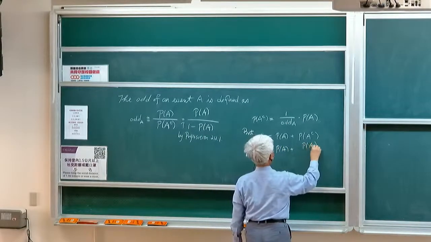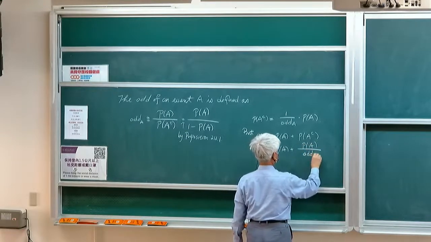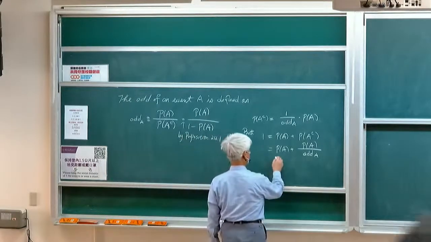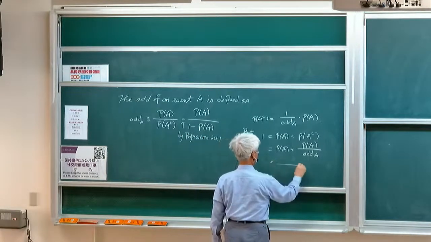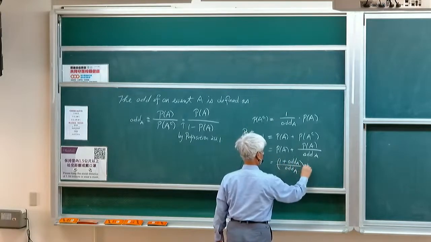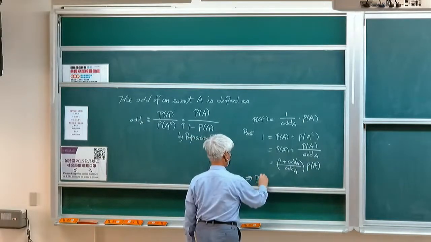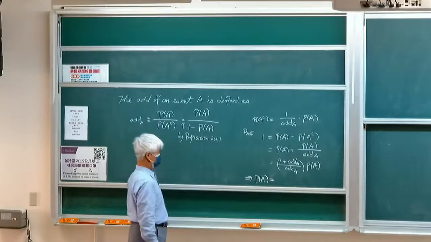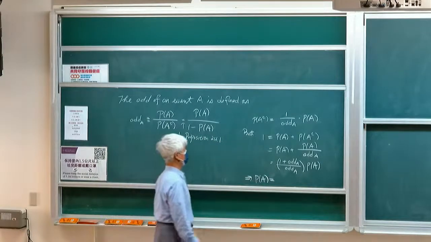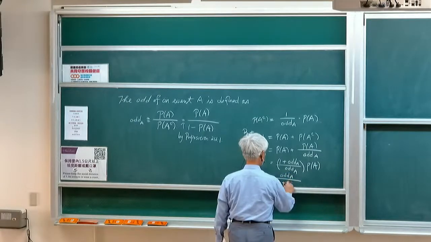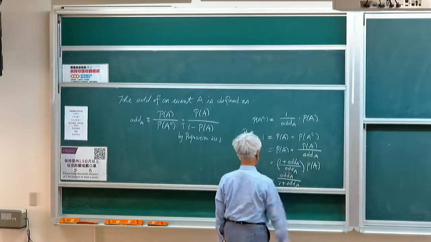So that is 1 plus odds(A) times P(A). This implies that we can compute the probability of the event A, which is just odds(A) divided by 1 plus odds(A).